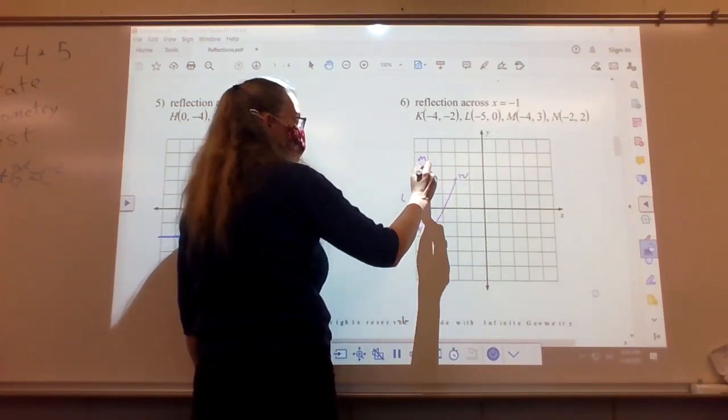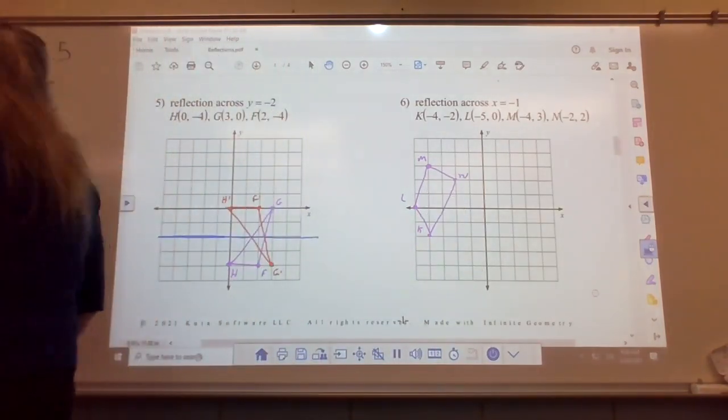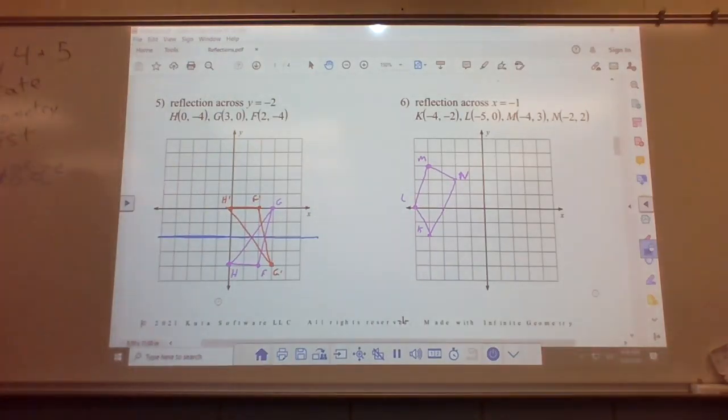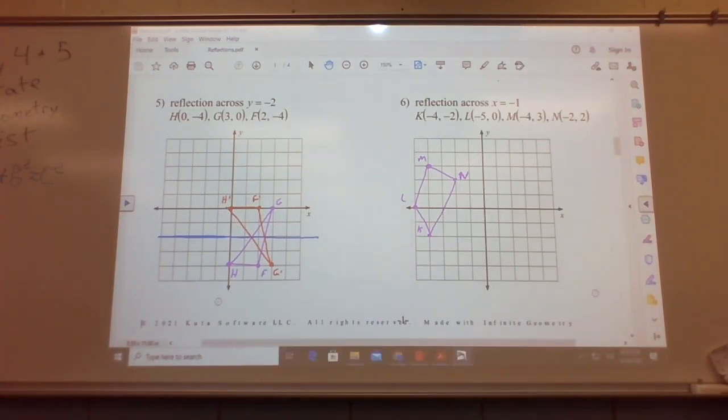N. So there's my shape. That's a lousy N. There, that looks better. So I graphed my original. First number side to side, second number up and down.